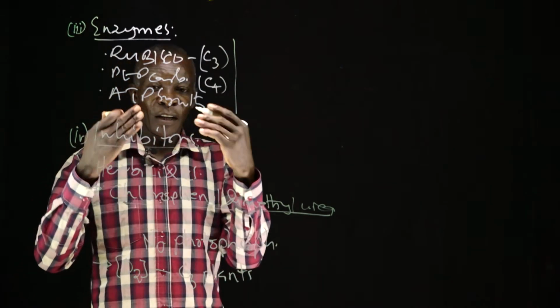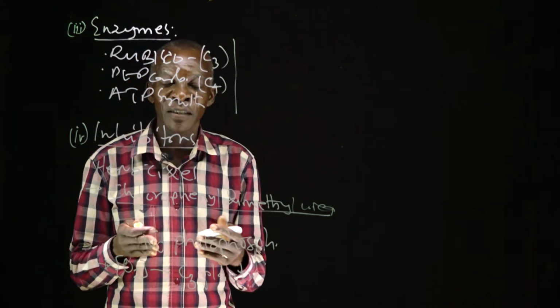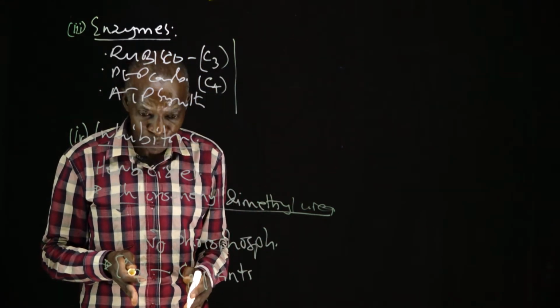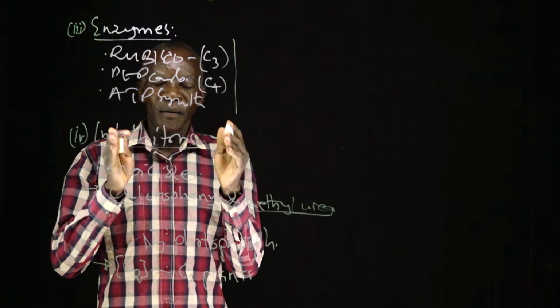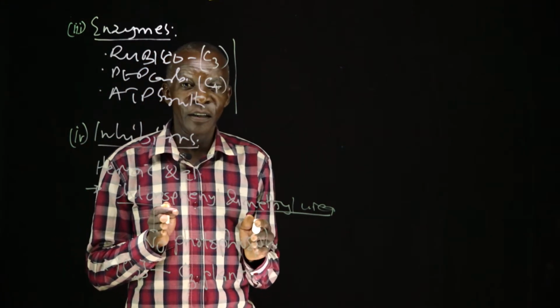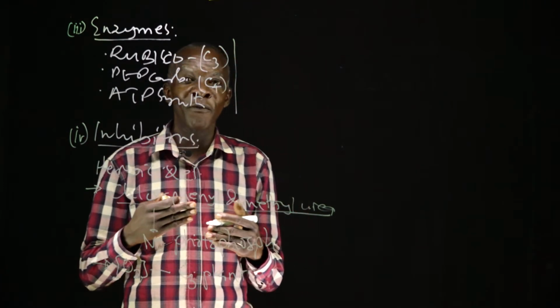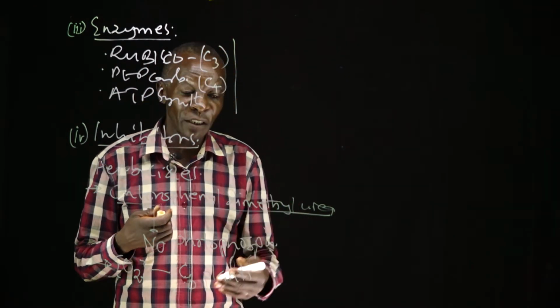We have seen the mechanism of carbon dioxide fixation in the C4 plants, and now the factors that affect the rate of photosynthesis. We have come to an end of autotrophic nutrition, especially photosynthesis.